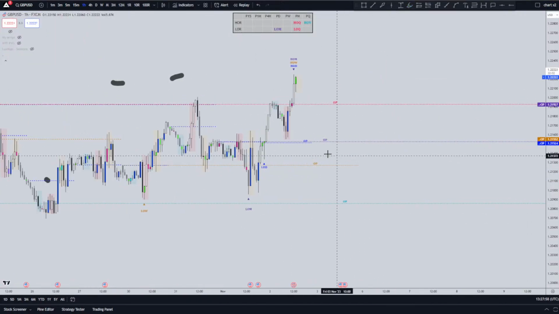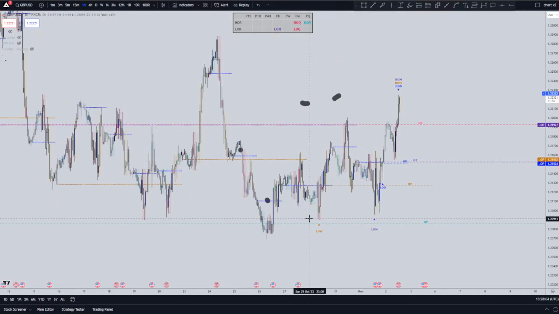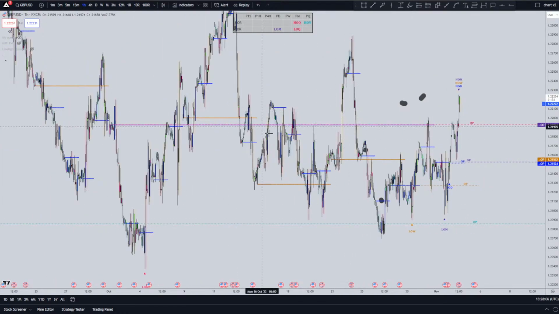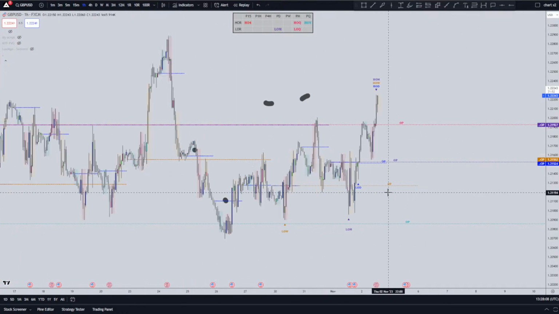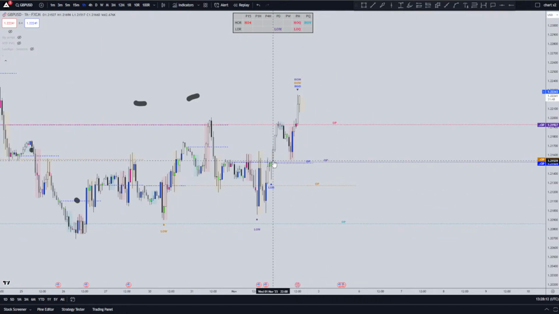Weekly holds, daily holds. What's next? Monthly. Where's the monthly? Monthly, November. Oh, it's here. Oh, look. Daily is the same as monthly. So it's not just daily is bullish above the weekly. Monthly is bullish. What is the obstacle for monthly? Time frame higher.